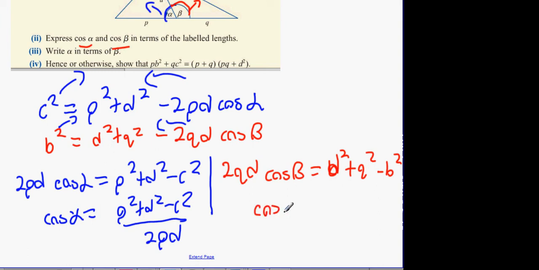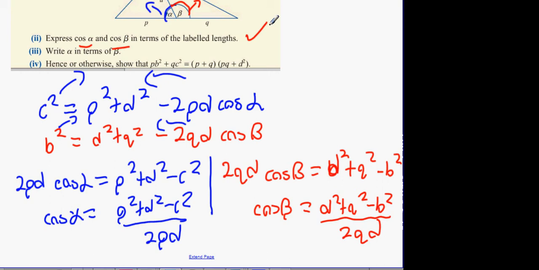Next is the red one: 2qd cos beta equals d squared plus q squared minus b squared. Divide, so cos beta ends up equal to d squared plus q squared minus b squared all over 2qd. Okay, second one is done.